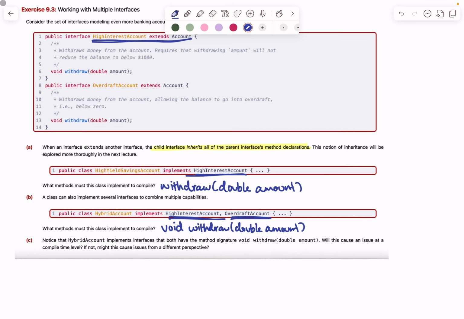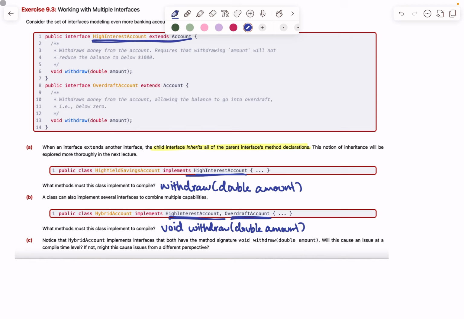Now let's look at our third problem. Notice the hybrid account implements interfaces that have both the method signature void withdraw double amount. Will this cause an issue at compile time level? If not, might this cause issues from a different perspective? Now let's think about compile time. What our compiler is going to look for is, did we actually implement the methods from the interface? Now it's going to look at high interest account.